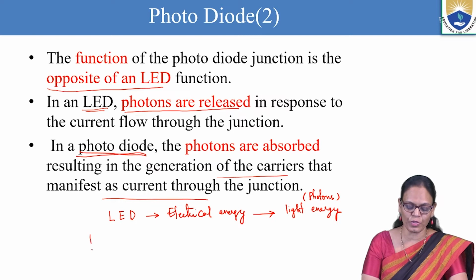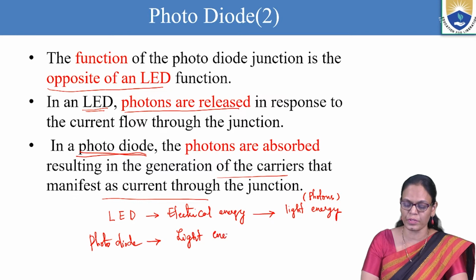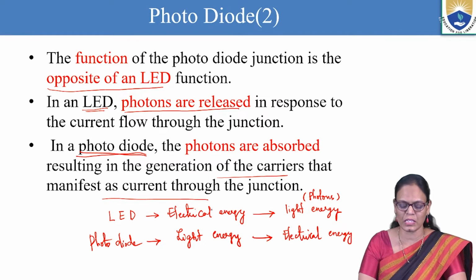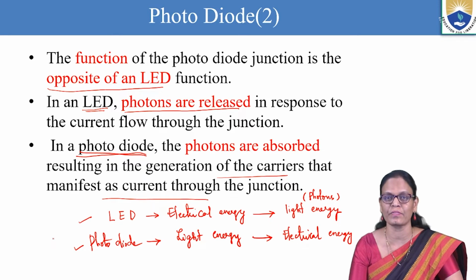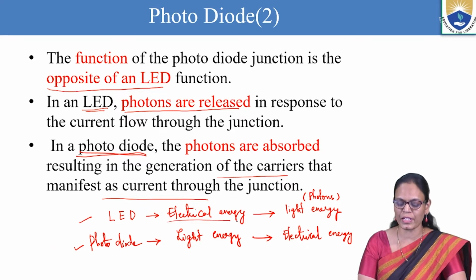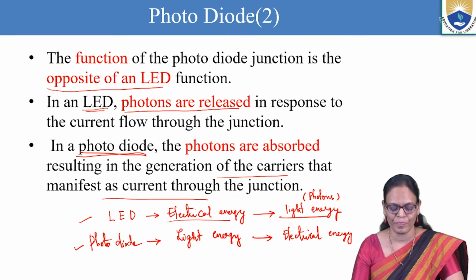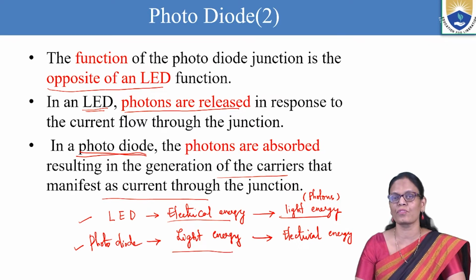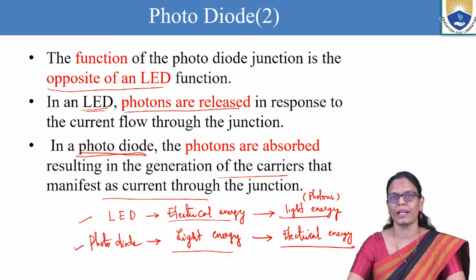But when we take a photodiode, when light falls on the photodiode, this light energy is getting converted into electrical energy. So this is the basic difference. This is how a photodiode is opposite to an LED. Conversion of electrical energy to light energy in an LED, and in a photodiode it is the conversion of light energy to electrical energy.